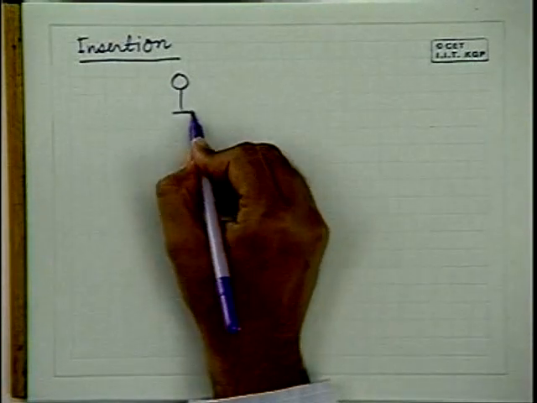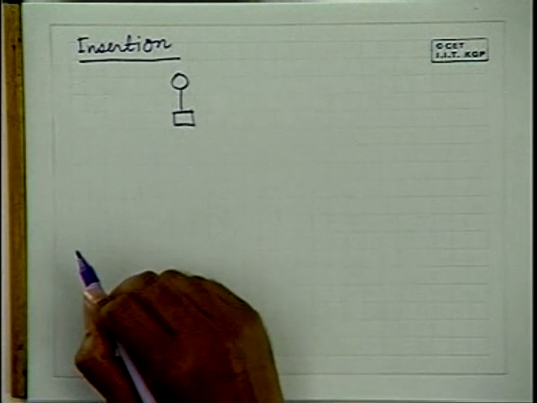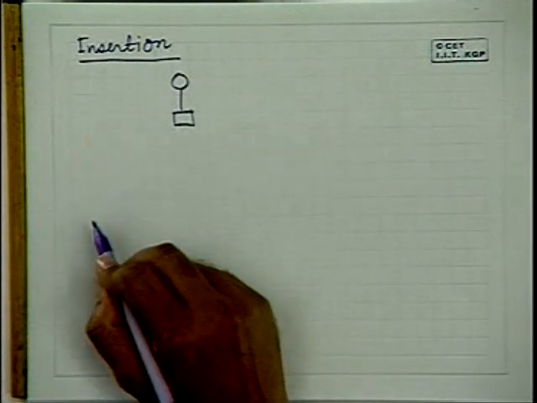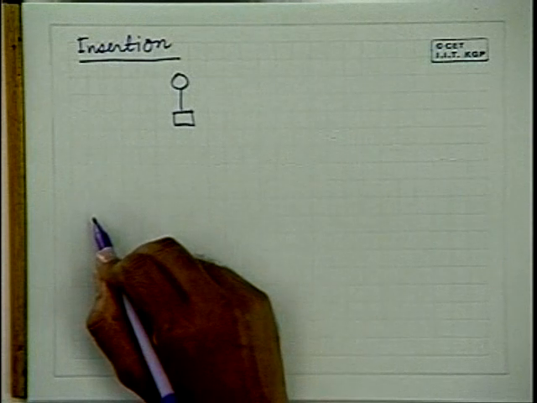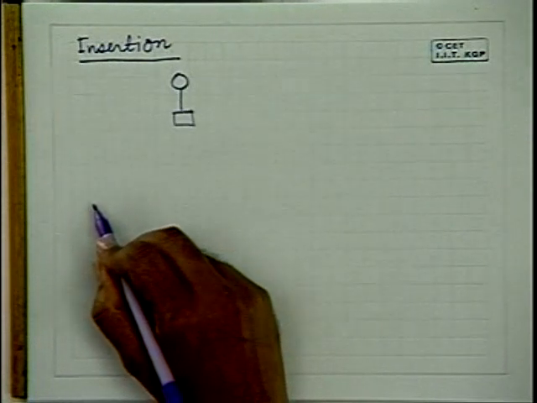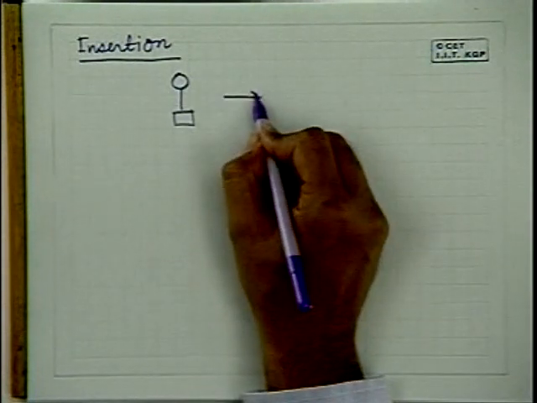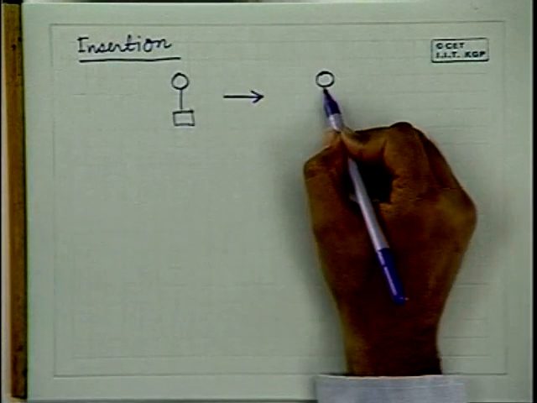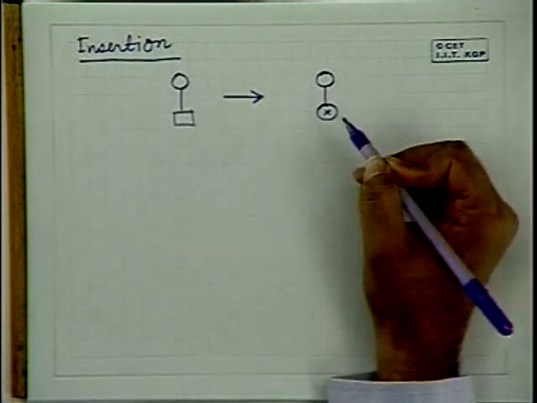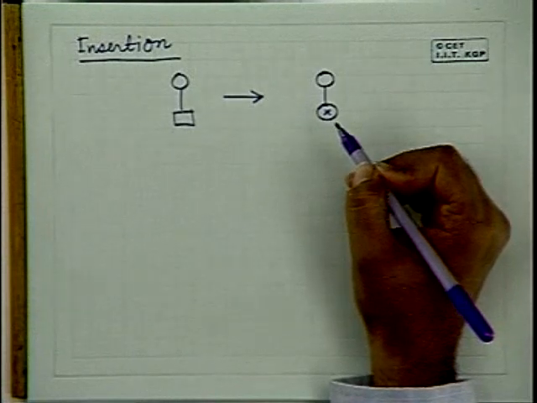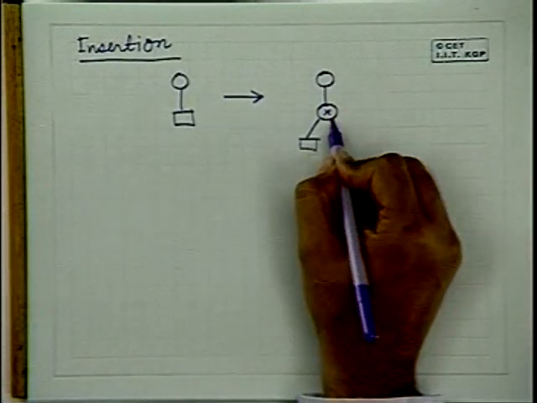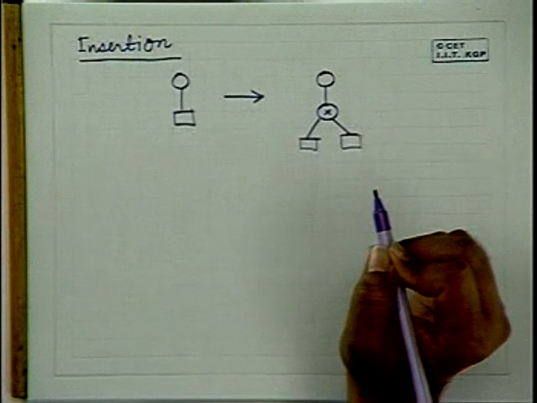I know it has at least one leaf. And we are going to put this new node, which I am going to call X. So I will insert this one as X. And this one has both the children empty.